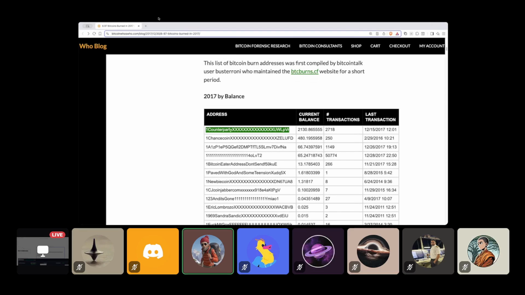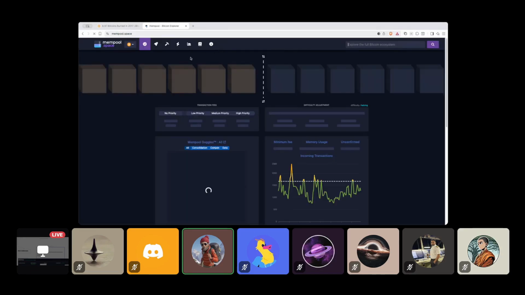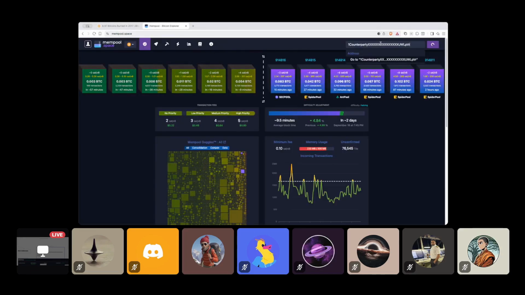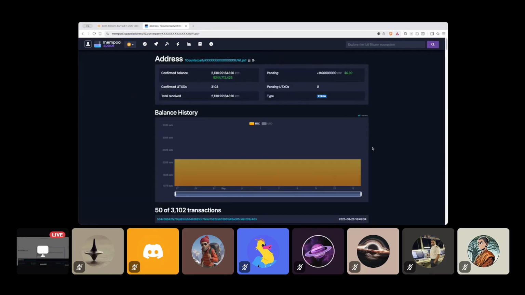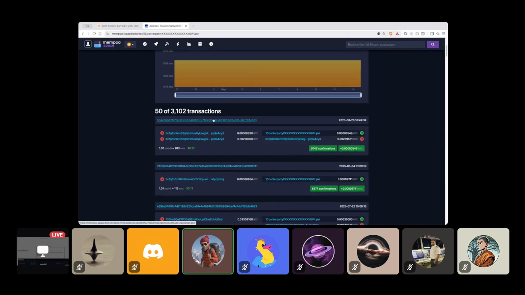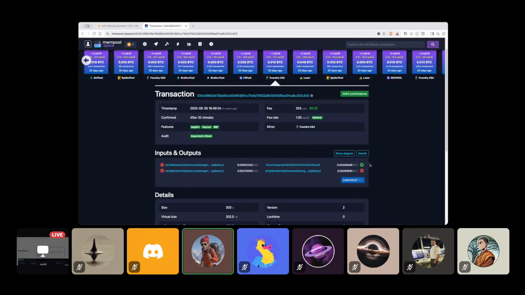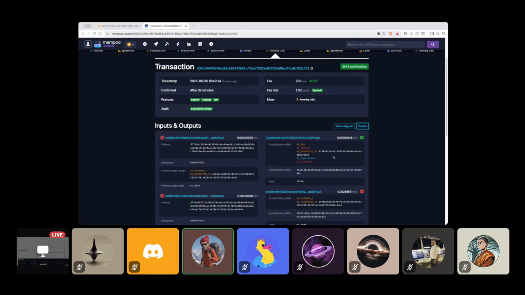So let's examine this particular address and see what its script sig looks like. So this is a transaction.